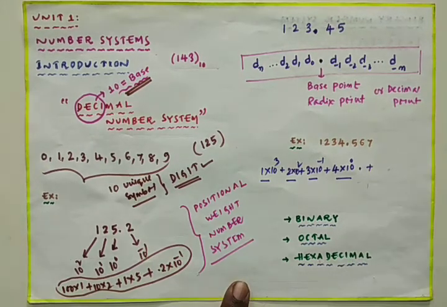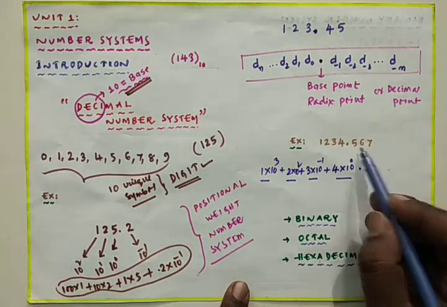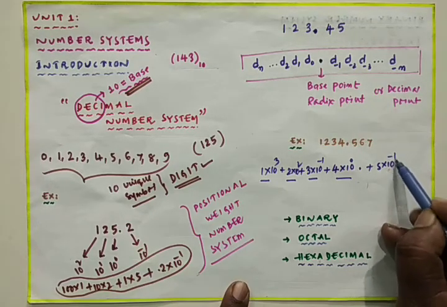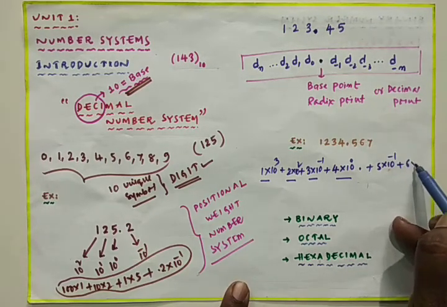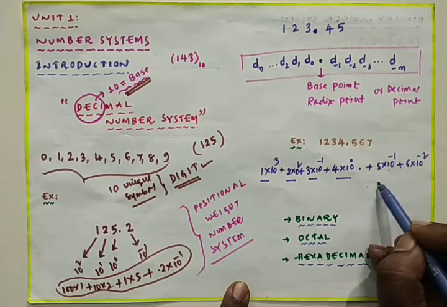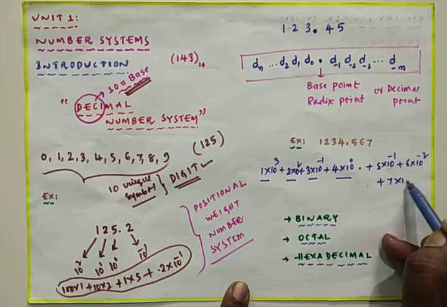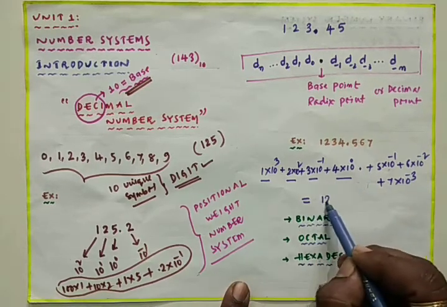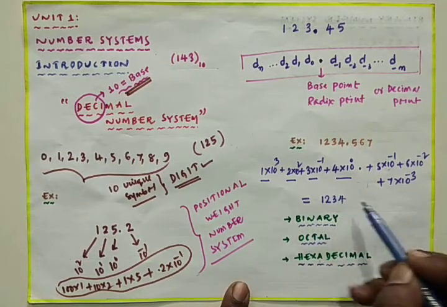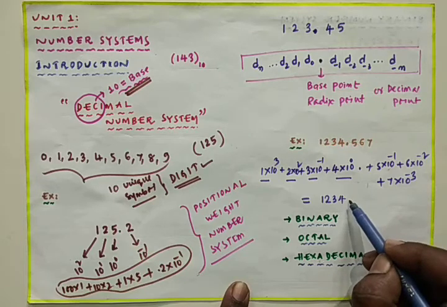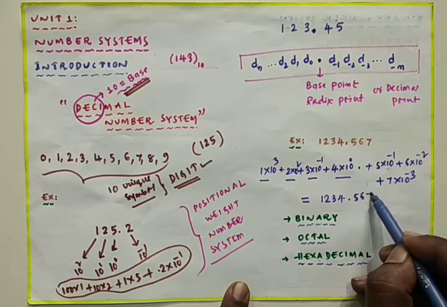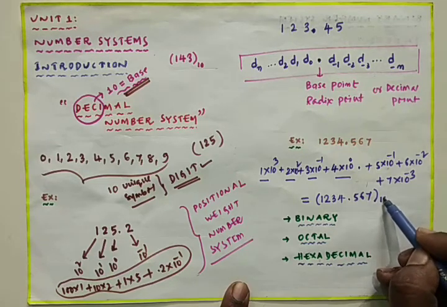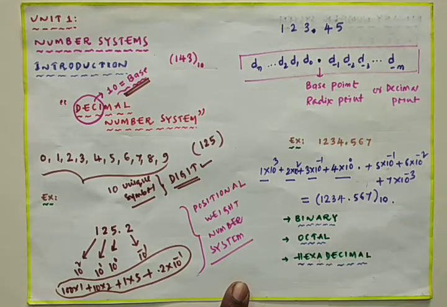Now, plus 5 into 10 power of minus 1, plus 6 into 10 power of minus 2, plus 7 into 10 power of minus 3. If you simplify this, you will get 1234.567. Here we didn't mention the base, which means we have to assume that the base is 10.